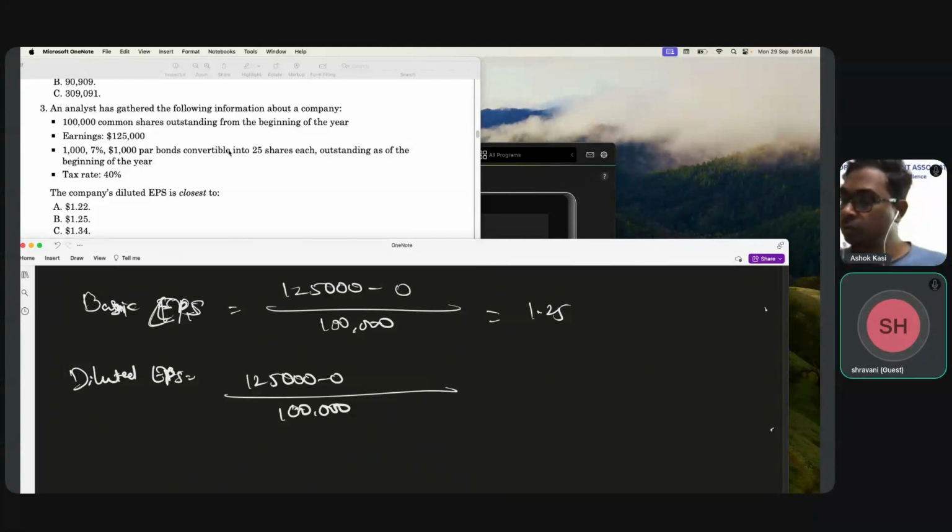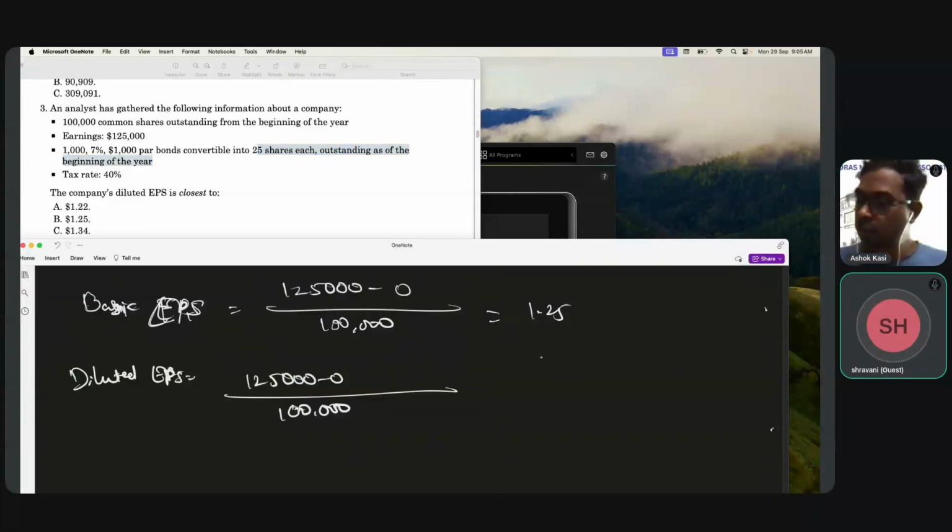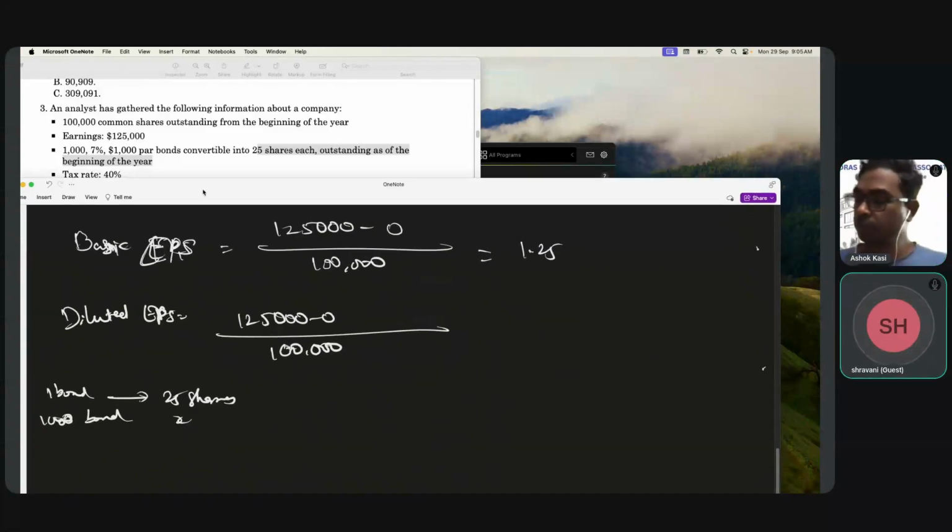So one bond will give you 25 shares. So 1,000 bonds will give you how many? Cross multiply: 25,000. So 25,000 shares will be created, plus 25,000.